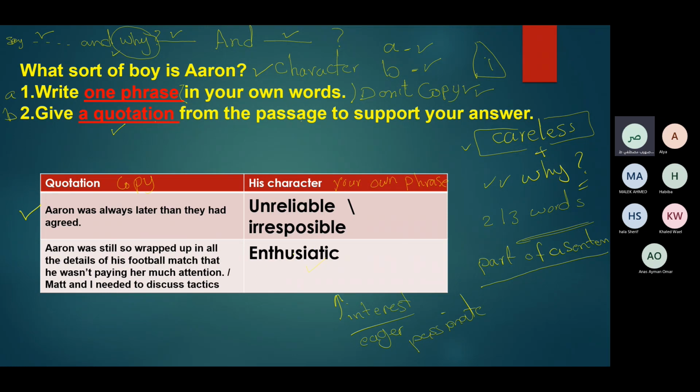He said here, Aaron was still so wrapped up in all the details of his football match that he wasn't paying her much attention. And also he said, Matt and I needed to discuss tactics. It means he is totally involved in football.